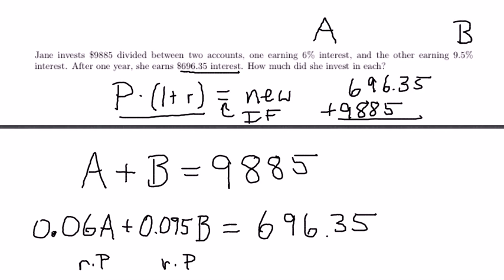Now you can also guess and look at this. 9,885 is about 10,000, and 696 is about 700. So overall, she earns about 7%. $700 versus 10,000.